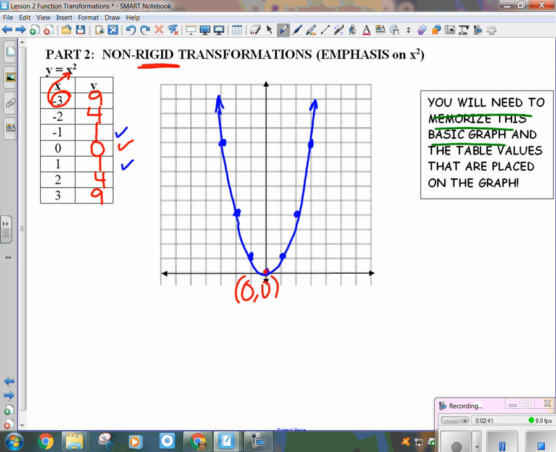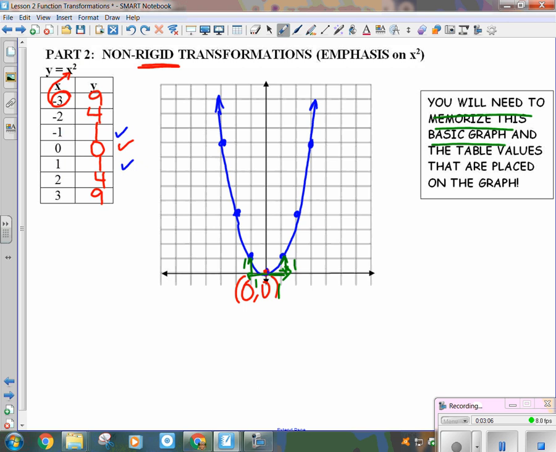When I say memorize this basic graph, this is the one you need to know. We always go over 1 unit, in both directions, because this is U-shaped, so it's very symmetrical. Then to get the basic graph, you go up 1. So it's always over 1, and then it's going to go up whatever amount you're doing.